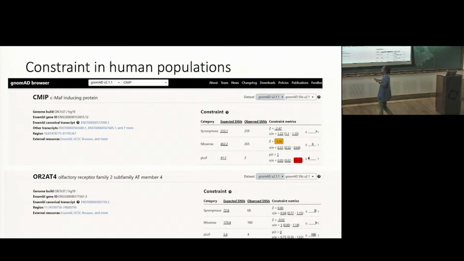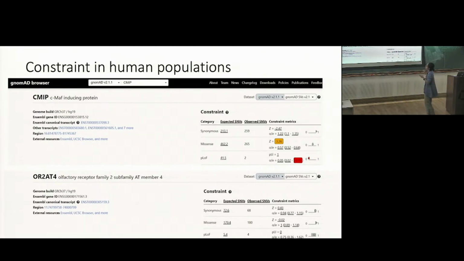Okay, so this is from a database called gnomAD, which is the largest available public database of human genomes. I have pulled out data for two genes. One is CMIP and one is an olfactory receptor, OR2B4. What I want you to look at is this, I'll use this slide, this projector.